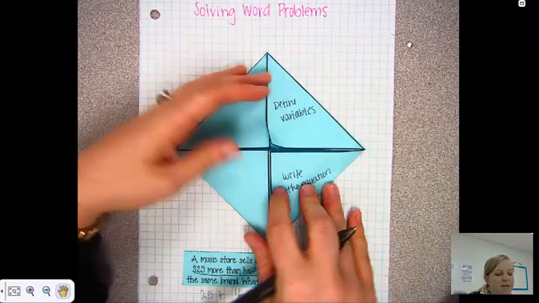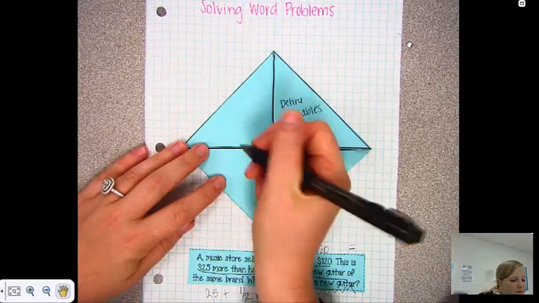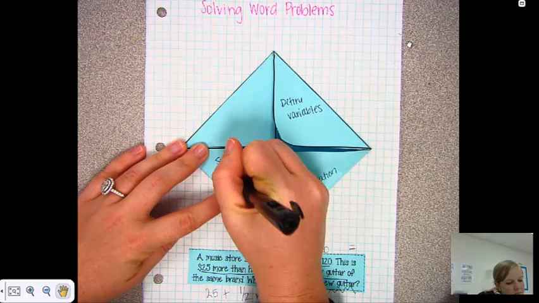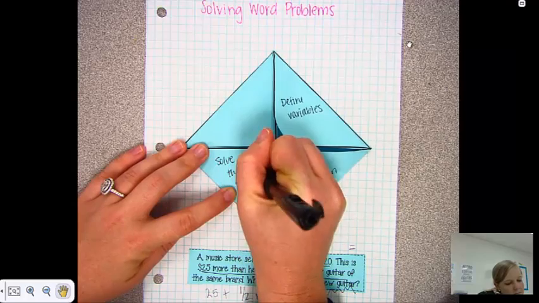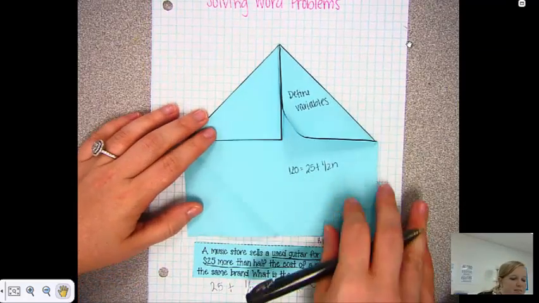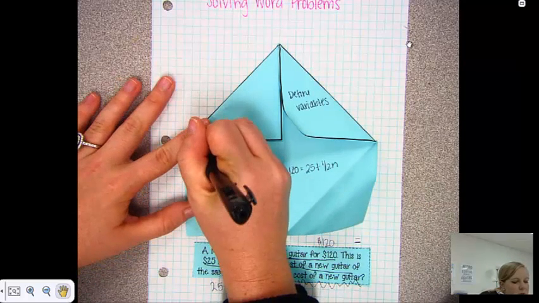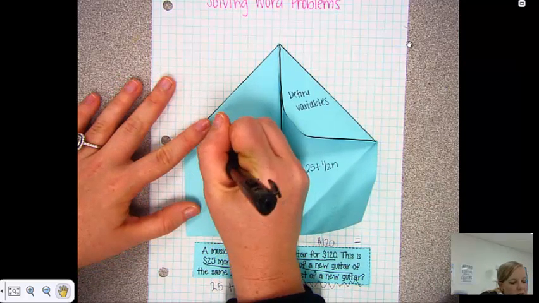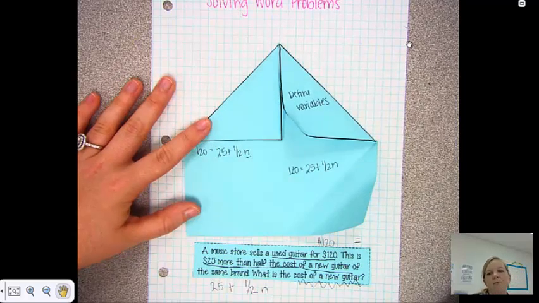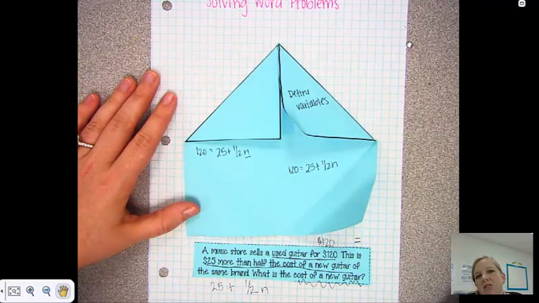Okay? The next step is going to be to solve the equation. Up here I'm going to rewrite my equation, the same thing that I wrote here: 120 equals 25 plus 1/2 n. Here's my variable. Do I have any parentheses to distribute?